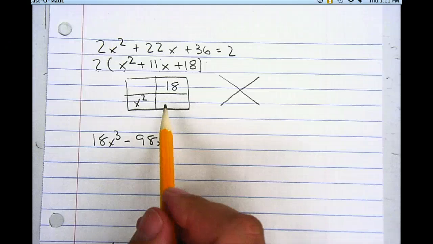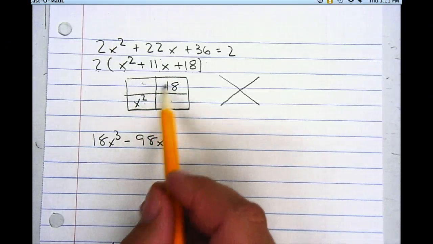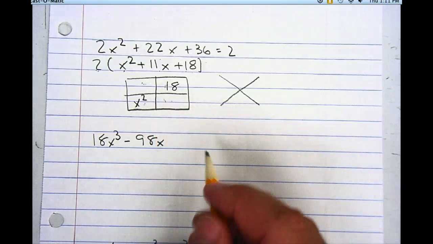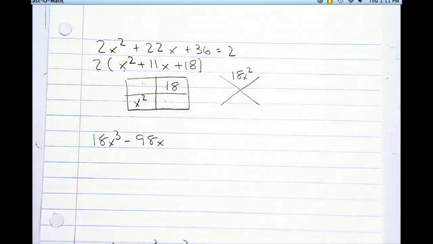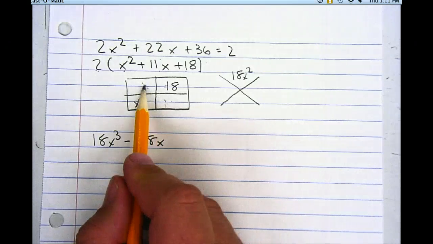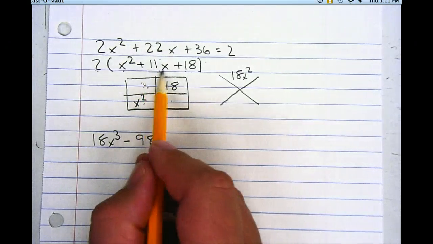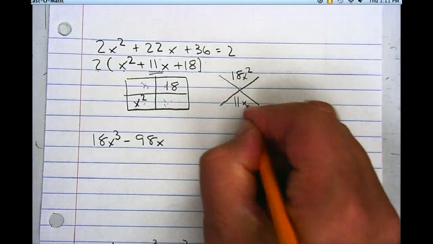And I know by Casey's law that when I multiply these two numbers, I get the same product as when I multiply those two. Well, x squared times 18 is going to be 18x squared. So I'm going to put 18x squared up there in the diamond. But I also know, besides the product being 18x squared, they have to add up to the middle term, which is 11x. So I'm going to put 11x down here in the bottom.